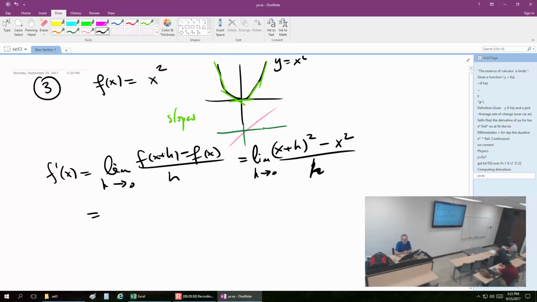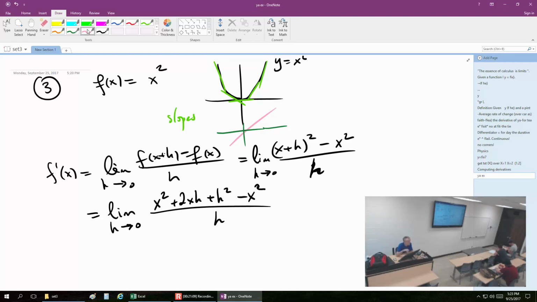Okay, all you have to do is to open up the parentheses and then just look, things fall into places. If you do it right, things will fall into places. So you just expand the numerator, and you have x squared plus 2xh plus h squared minus x squared, right?